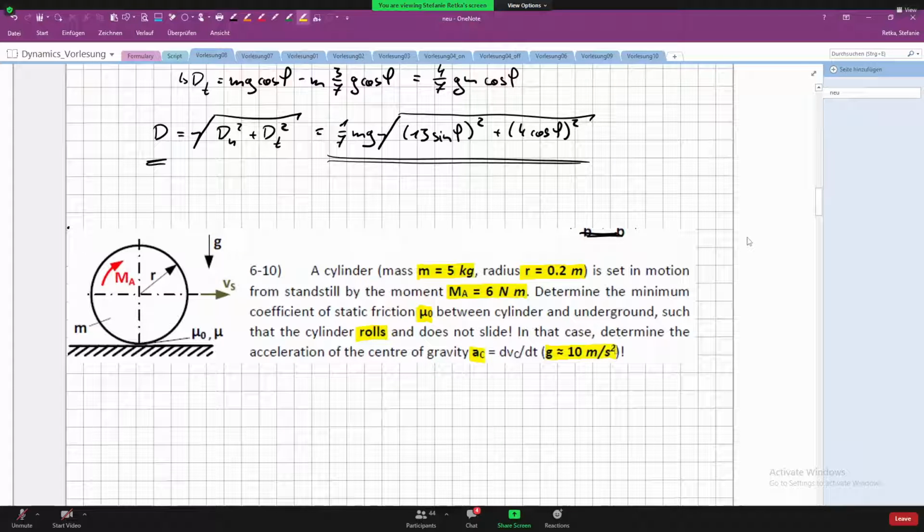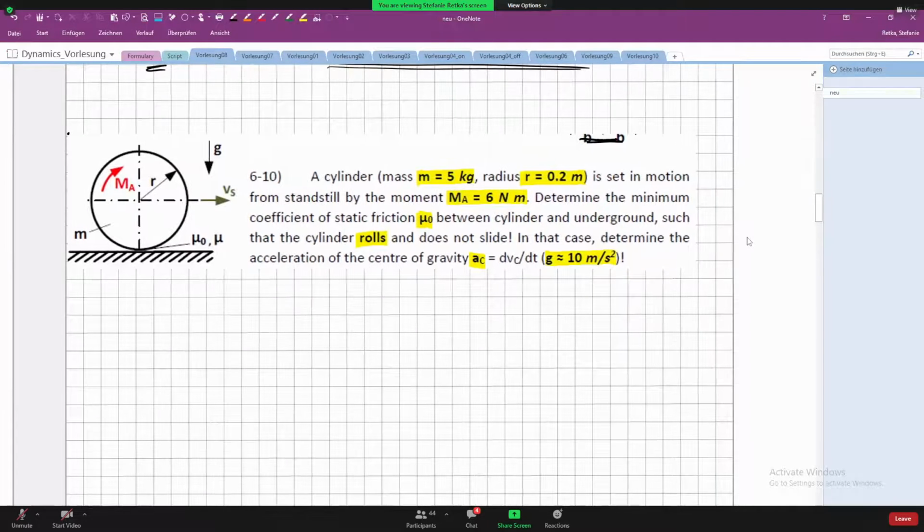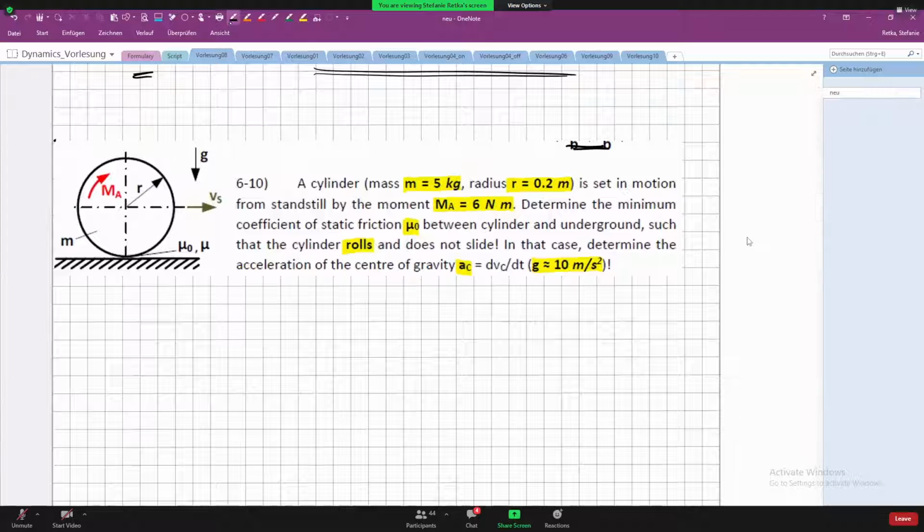The gravitational acceleration is given with 10 meter per second squared. So again, what do we have to do? We have to start solving this problem as you learn to solve the problem in statics and engineering mechanics 1, meaning that we draw a free body diagram, including all loads acting on the system.